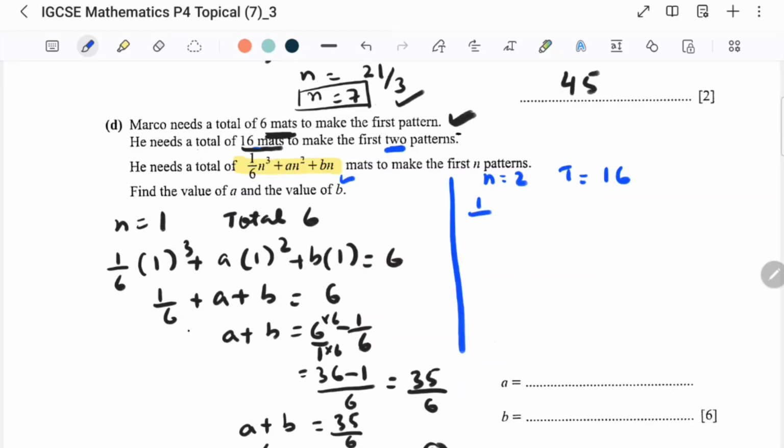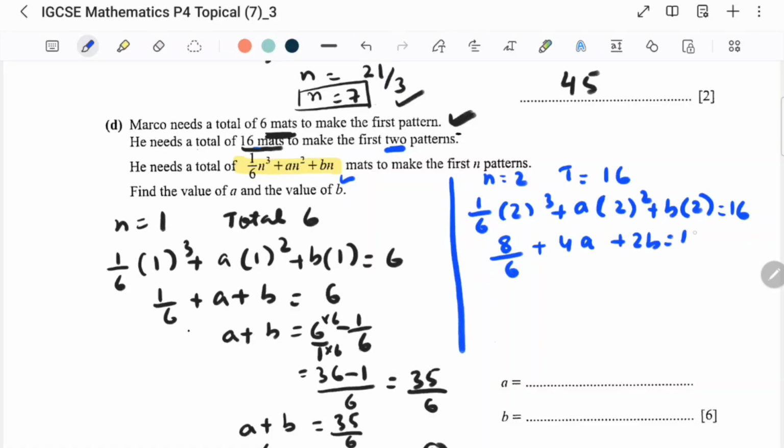1 upon 6 times 2 cubed plus a times 2 squared plus b times 2 is equal to 16. So that is 1 upon 6 times 8, since 2 cubed is 8, plus 4a plus 2b is equal to 16. 8 upon 6 simplifies to 4 over 3.